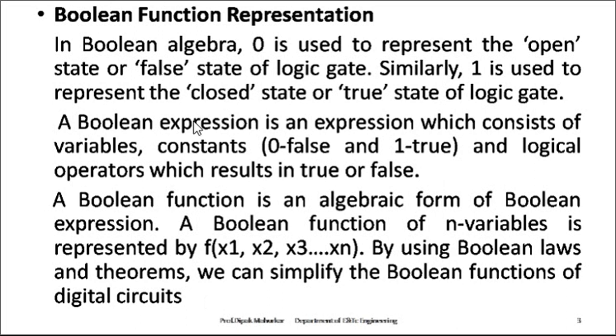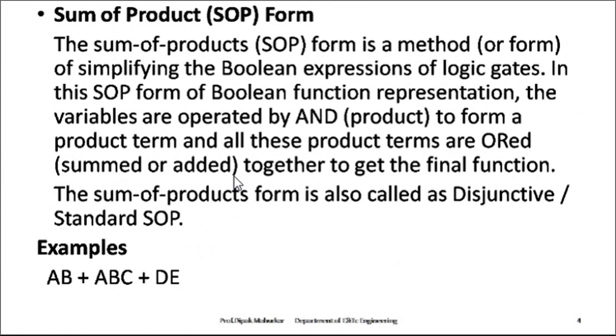The main important thing to understand in Boolean algebra is that 0 is used to represent the open state or false state of a logic gate, and 1 means the closed state or true state. See now, SOP, the sum of product form.